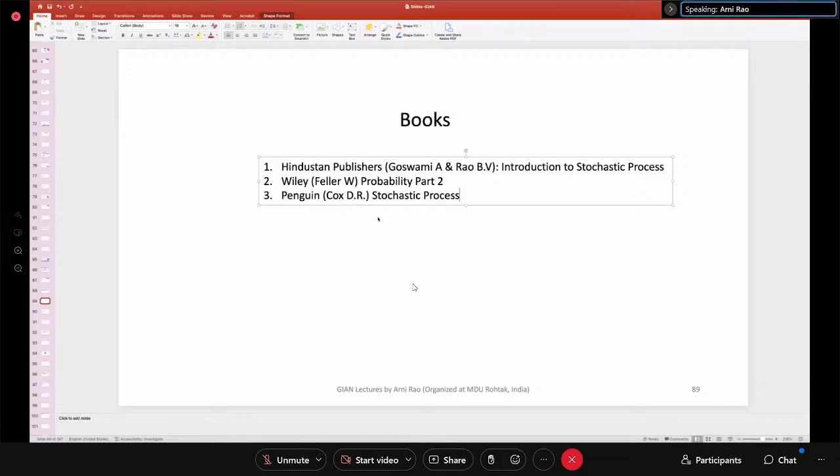And C.R. Rao is still alive. He's active at 101. He's 101 years old. Before last year, we celebrated his centenary all over the world. In India itself, there were 500 conferences held. And David Cox also, 97, just died, I think 2 months ago, perhaps 6 to 7 weeks back, unfortunately. But he wrote a very classic book, Stochastic Process.